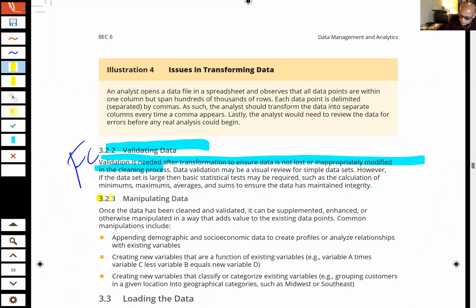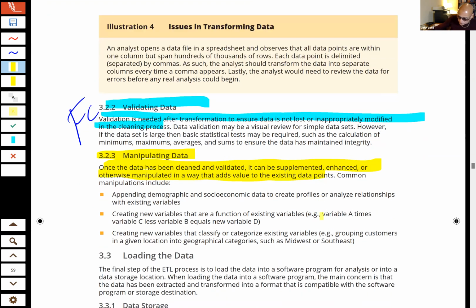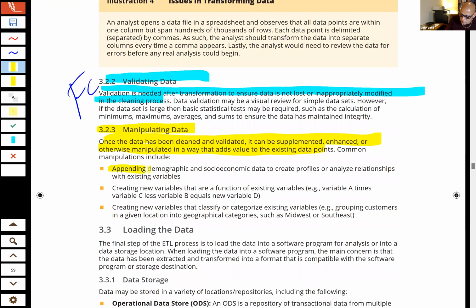When you manipulate the data that has been cleaned, it can be supplemented or enhanced or otherwise manipulated in a way that adds value to the existing data points. So you can append demographic and socioeconomic data, and create new variables that classify and categorize existing variables. Okay, so you can play with that data accordingly, to manipulate it for whatever your particular purposes are.